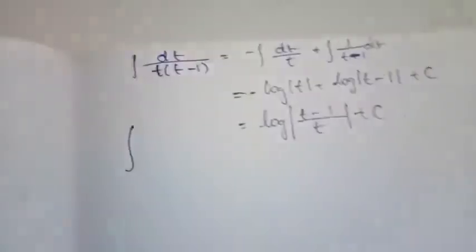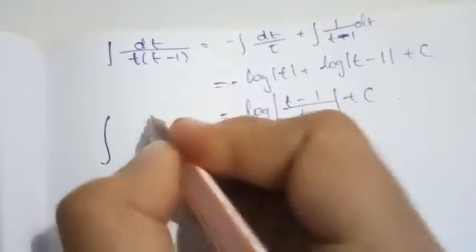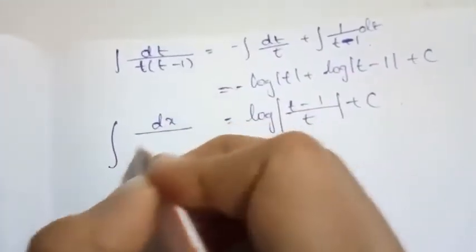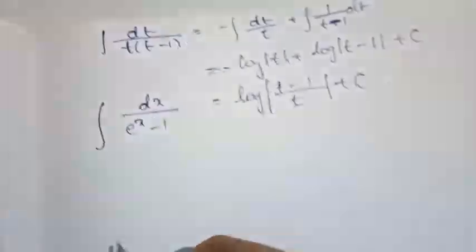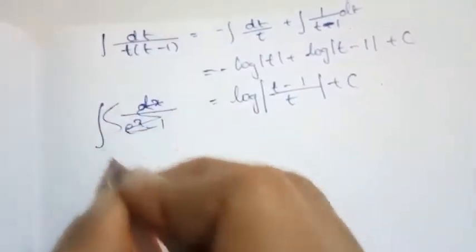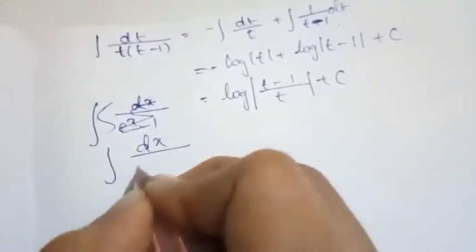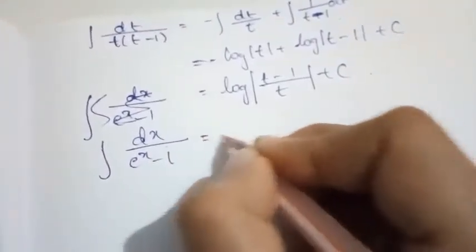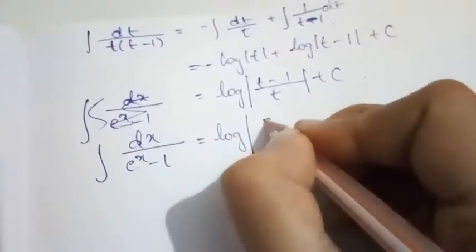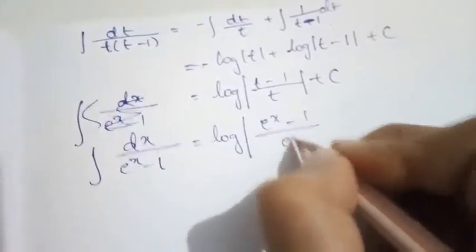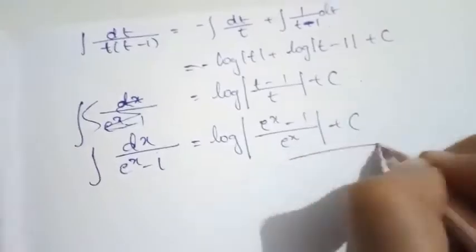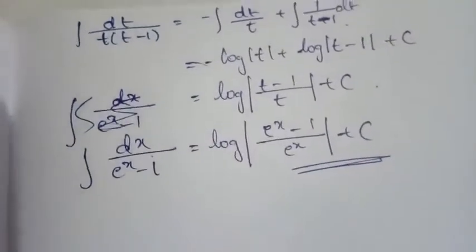Now resubstituting back the value of t, dx divided by e power x minus 1 is equal to log mod e power x minus 1 divided by e power x plus c. So this is the integral of the given question.